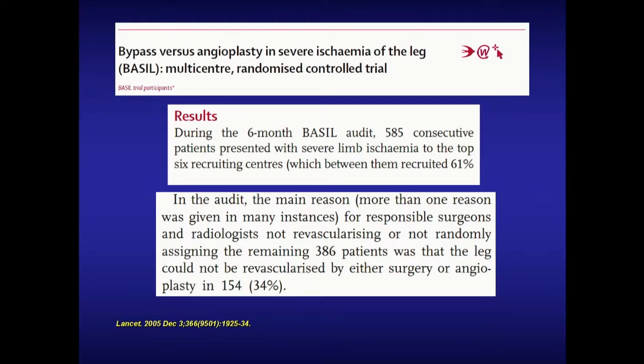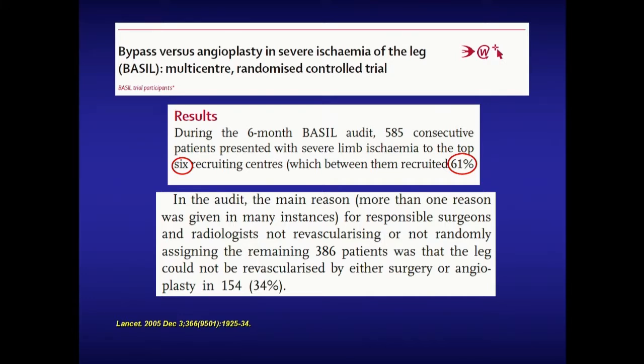To highlight that, I went back to the BASIL trial of critical limb ischemia, to try to understand what the success rate is when you just take the antegrade approach. Why do we need retrograde? As you know, the BASIL trial had 585 patients. Indeed, 61% of the patients came from 6 centers, so they were experienced, right?